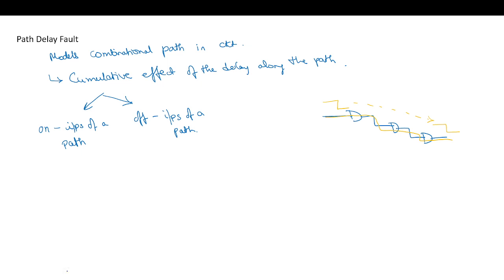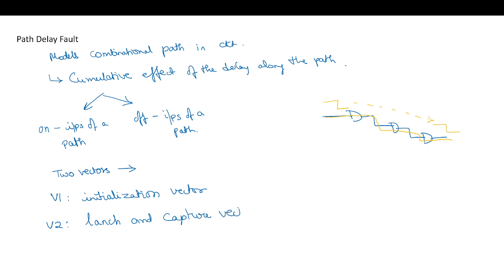So this requires two test vectors. We call V1 the vector which is required to initialize, so we call this the initialization vector, and V2 is the vector which we apply next to launch the transition as well as capture the effect, like the output of the combinational circuit. So it's a launch and capture vector.